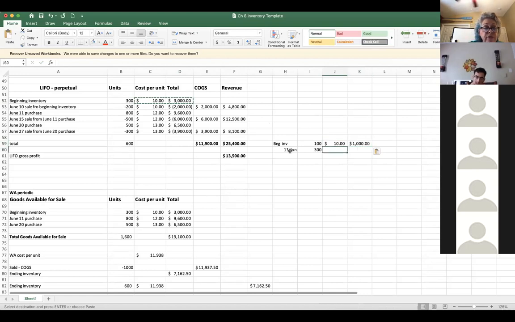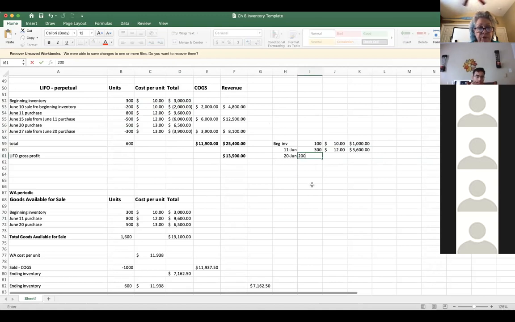The 300, my June 11th purchase was $12. And how many did I have left from the June 20th? On June 20th, we purchased 500, and then we sold 300. So how many did I have from the June 20th purchase?